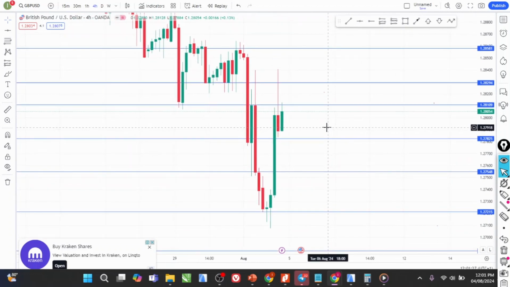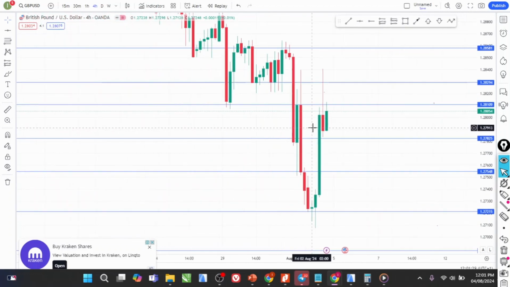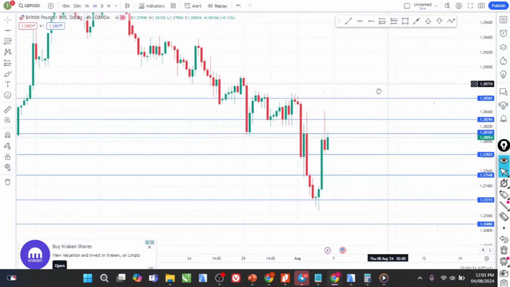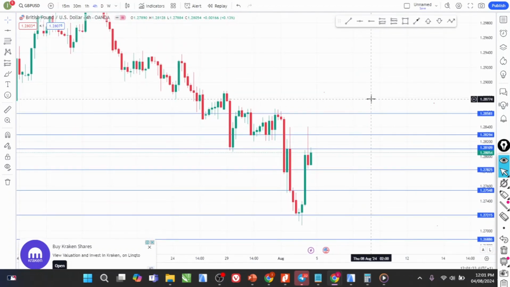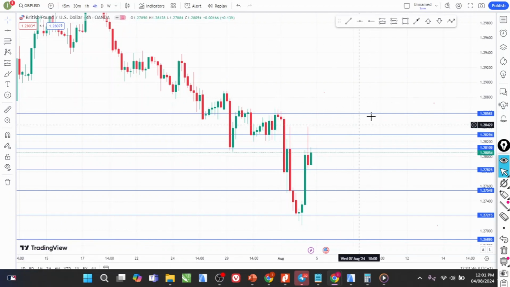So now this is the 4 hour time frame. From the weekly time frame, we identified that for the past 3 weeks, GBP/USD has been trending bearish. So now on the 4 hour time frame, as you can see, the picture is clear. Alright.